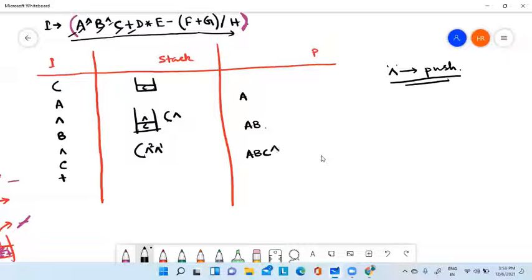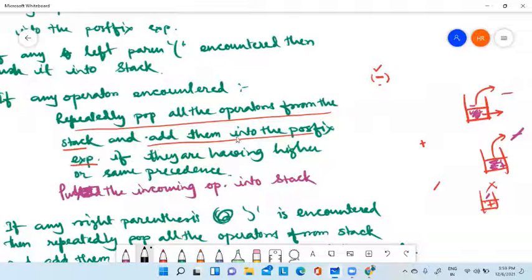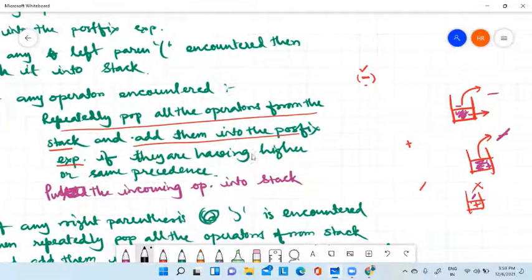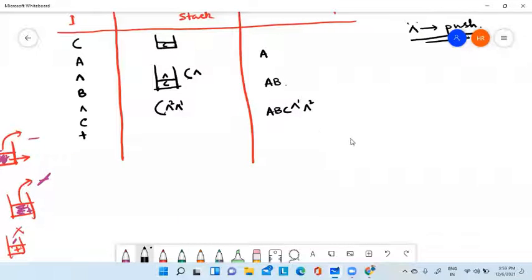In the algorithm we have written: repeatedly pop all the operators from the stack and add them into the postfix expression, those having higher or same precedence, and then push the incoming operator. So these two are popped, only the left parenthesis is left, so I will push plus into the stack.